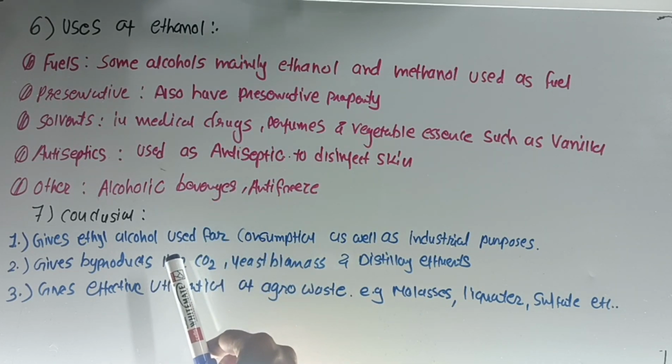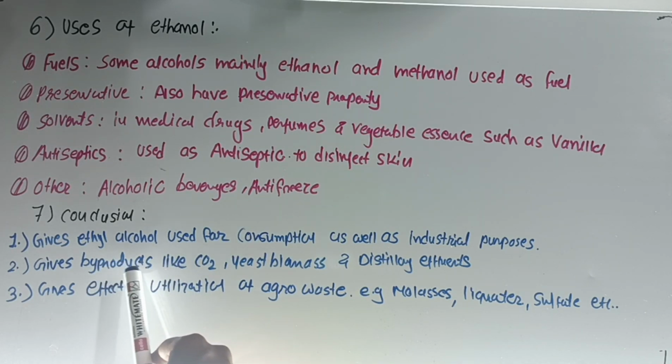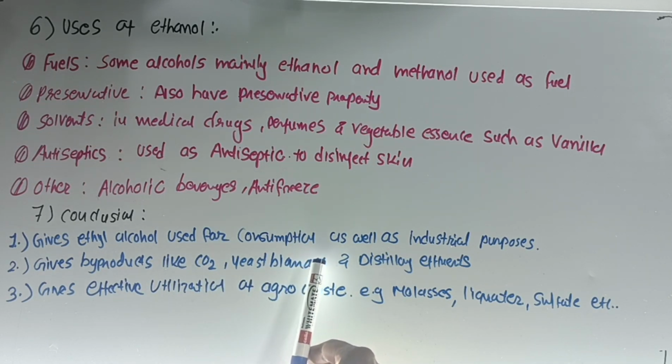At the end, the conclusion: why do we use this fermentation process? First, ethyl alcohol is widely consumed as well as used for industrial purposes. Second, we also get byproducts at the end of the procedure, carbon dioxide, yeast biomass and the distilled effluents, which also have other applications.